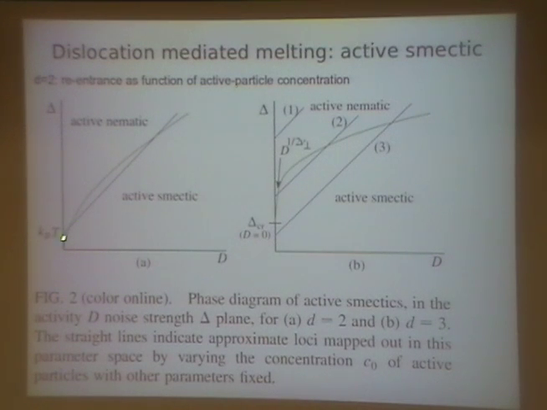And that's what the phase boundary looks like in the active state. Let's not worry about the 3D case right now. The blue line represents a typical locus that would arise if you vary the concentration of active particles.